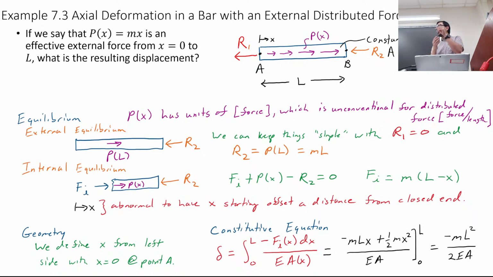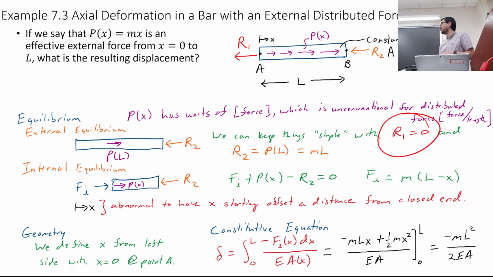R2 is the force of my fingers pushing up on this suspended bar. There's 0 internal force up here, but lots of internal force down here. What's R1? We're going to say that's equal to 0. But very good, all right?